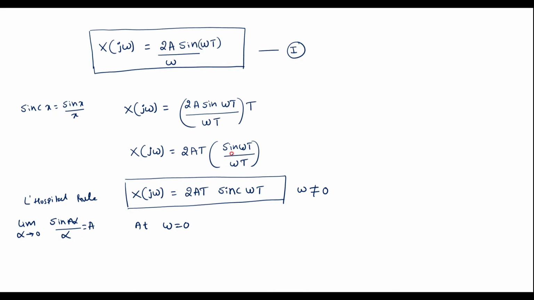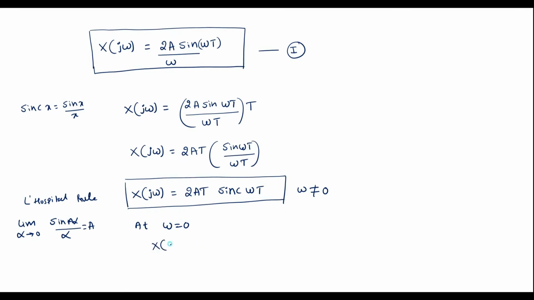Similarly, if we apply L'Hospital rule here, we can see that sine omega T by omega T, omega T is nothing but alpha, so sine omega T by omega T is equal to 1. Therefore, I can write x of j omega value will be equal.